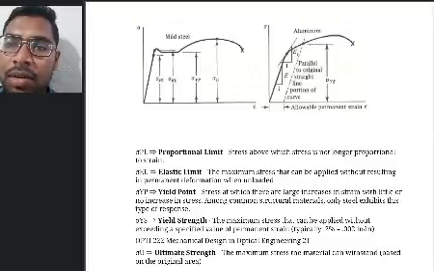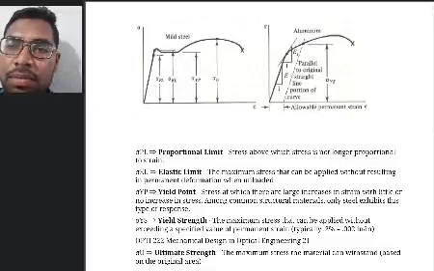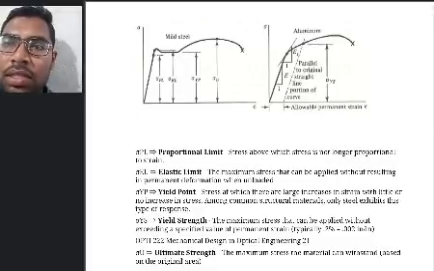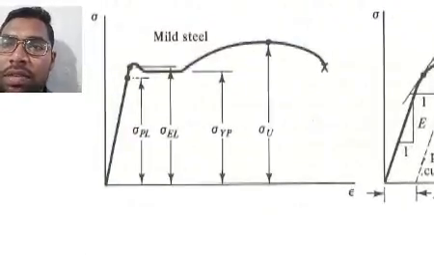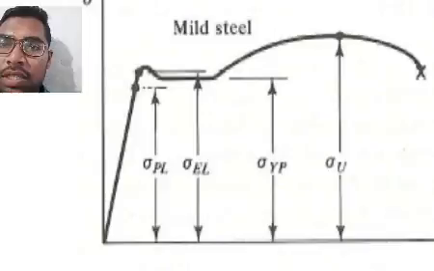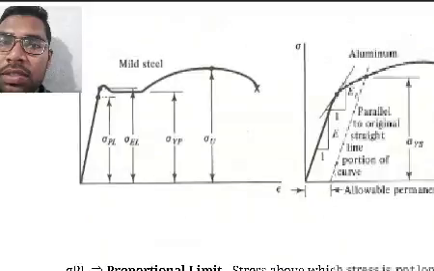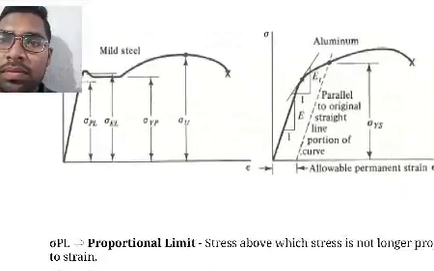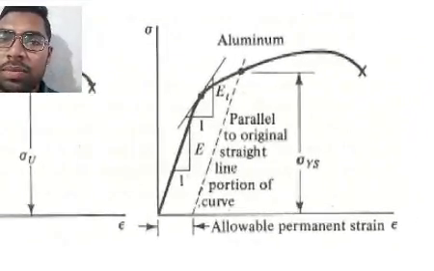Ultimate strength: the maximum stress the material can withstand based on the original area. Here are the main points in a yielded stressed object. This force can be tensile or compressive.